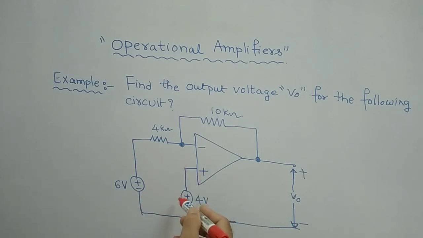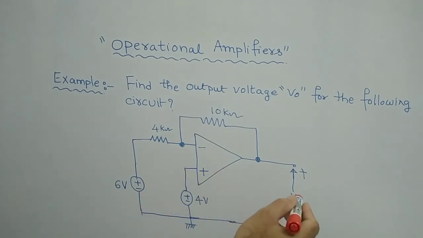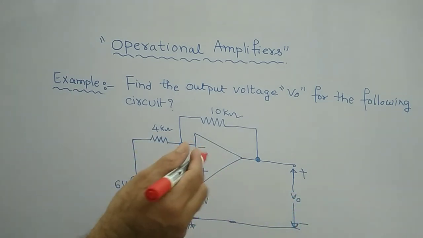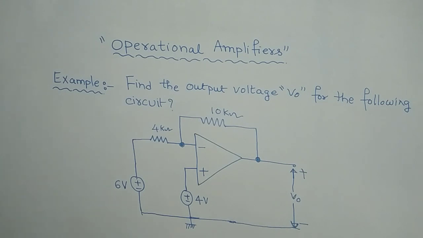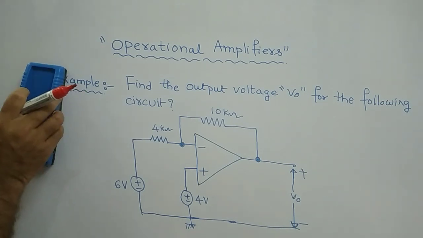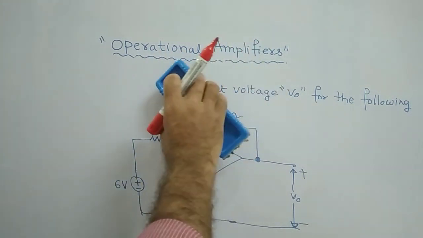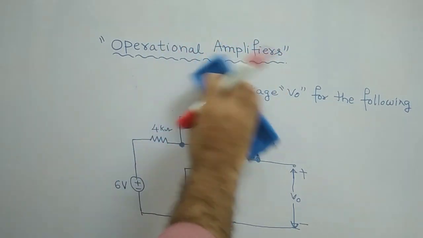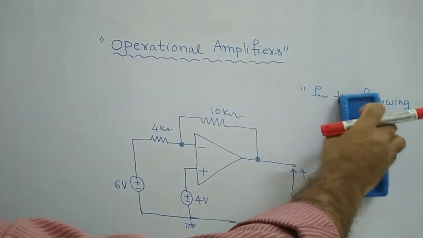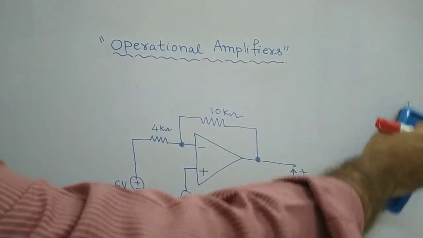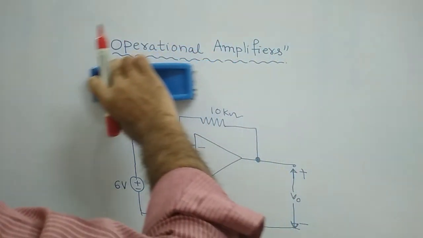With these two power supplies, you are asked to find the output voltage V naught. How can we solve this? This is again a very interesting, very important model, and very easy also.